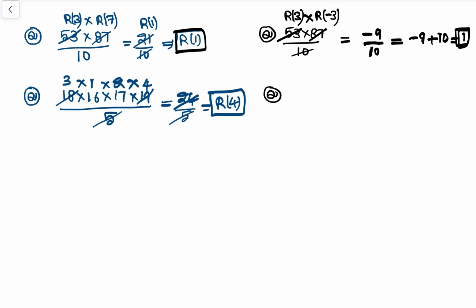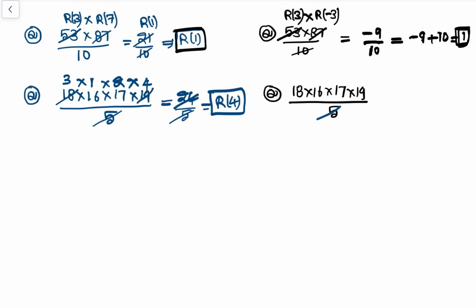सेम इसी को नेगेटिव रिमाइंडर से कर सकते हैं. See, 18 into 16 into 17 into 19 upon 5. Remainder -2, 5 4s are 20, so I can write it as -2.